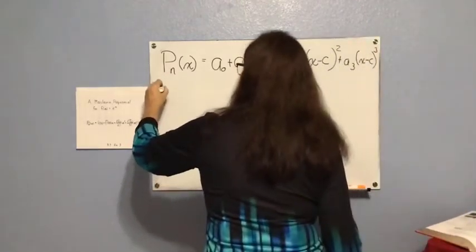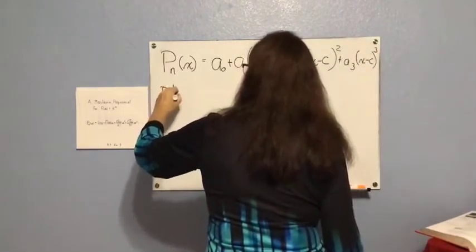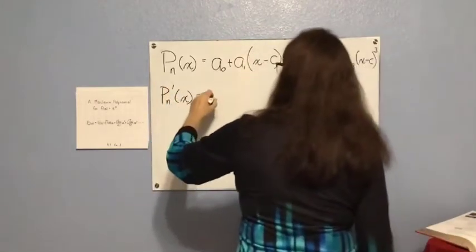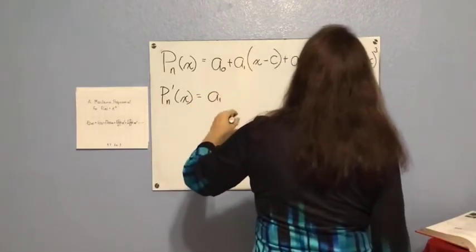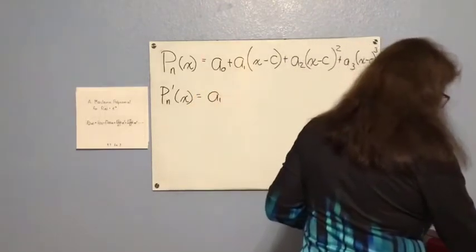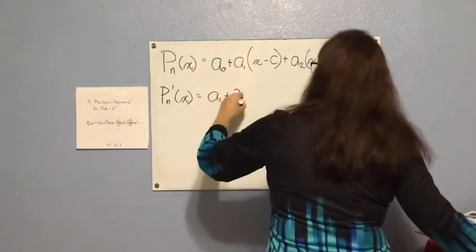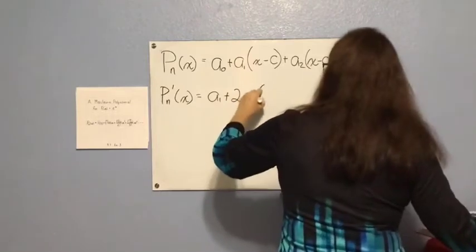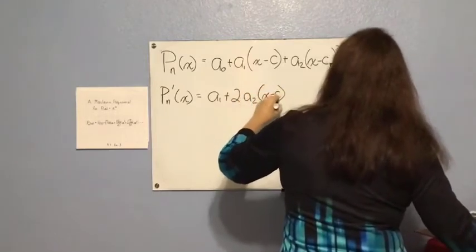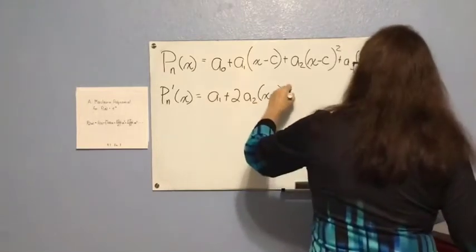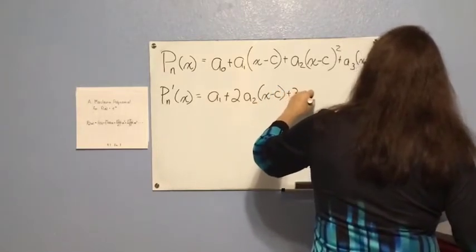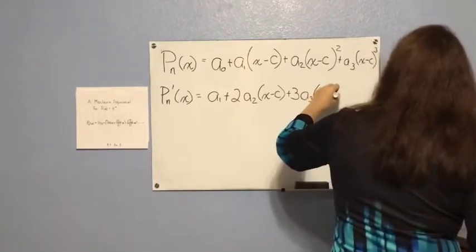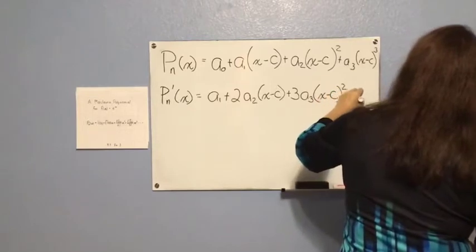And then the first derivative of this polynomial, the a sub 0 would drop out, and I'd have a sub 1 plus 2 a sub 2 times x minus c plus 3 a sub 3 times x minus c squared, and so on.